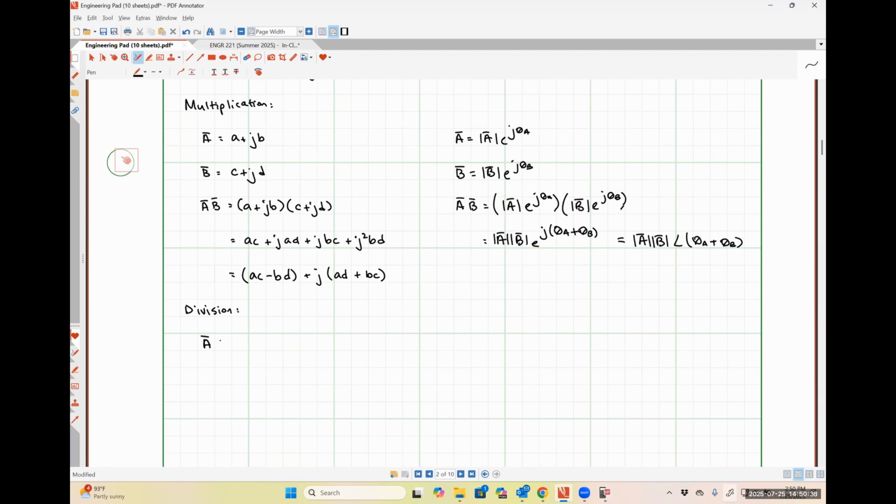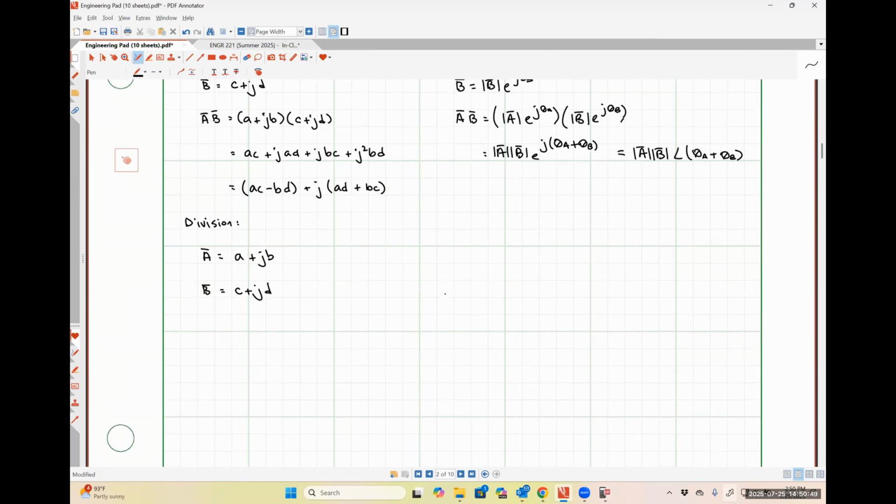So starting again with our complex numbers, A plus JB and C plus JD, A divided by B, and I'm leaving a space there on purpose, is going to look like A plus JB divided by C plus JD. Now, there's technically nothing wrong with this.